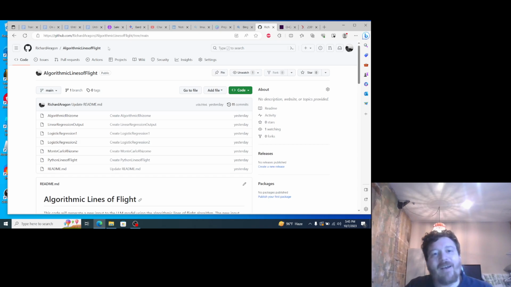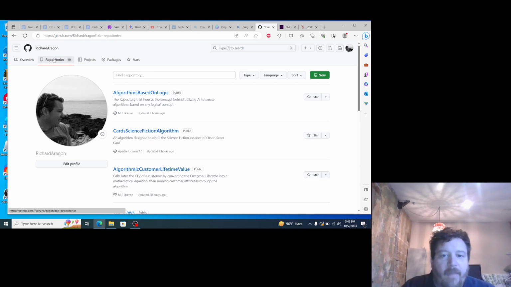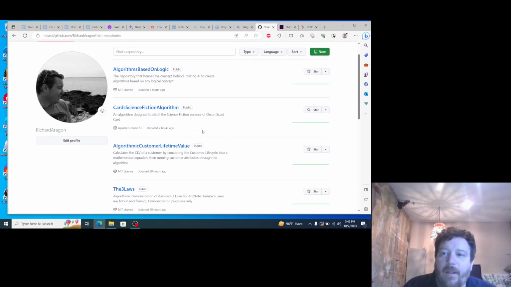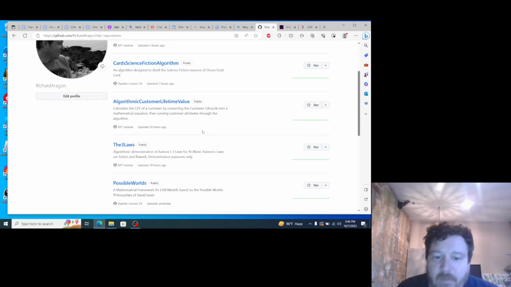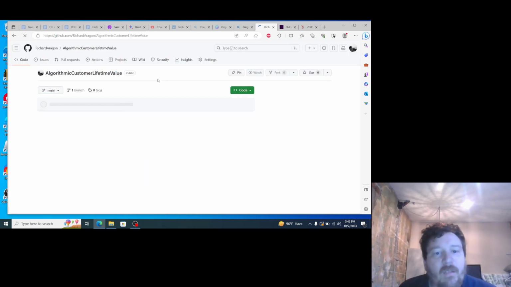And I was like, if I can create this and it works, which is the opposite of logic and linear progression and logistic regression, then I can do anything with this. That's where the next thing went. As I explored more, I realized this is right. I can take any logical process whatsoever and code it into an actual algorithm, from Asimov's 3 laws, to what we went over with Orson Scott Card, to an algorithm for customer lifetime value in marketing.